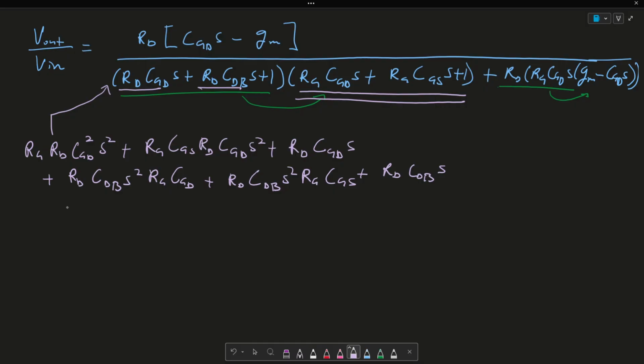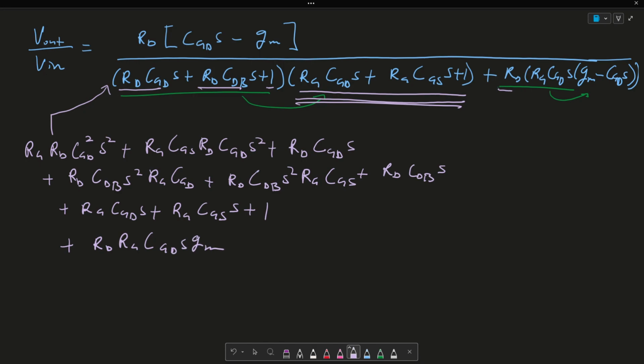And then I get a plus RG times CGDS plus RG times CGSS plus 1. And again, that's just this 1 times all three of these terms. So then the last thing that I get is plus RD, RG, CGDS times GM, which is essentially all these terms times GM.